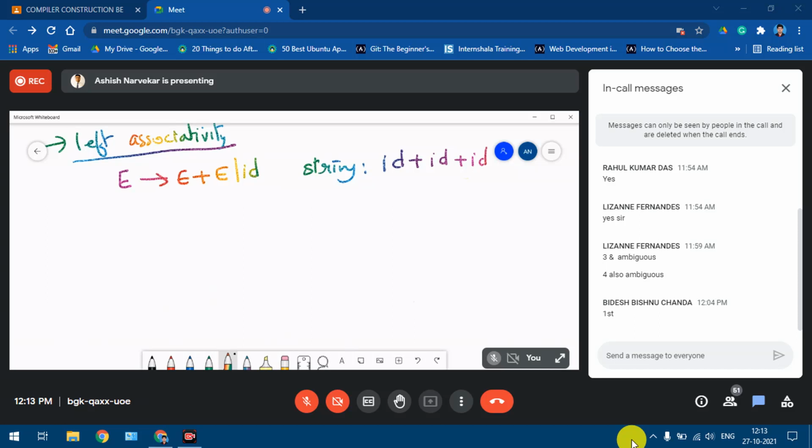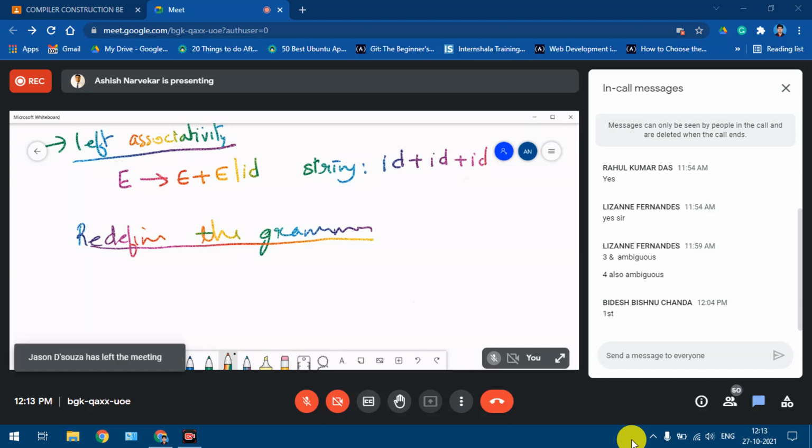So what we can do is transform or redefine the grammar. Redefining the grammar means we are substituting one of the non-terminals by something else. So we can write this grammar as E derives E plus ID or ID. I have just rewritten the same grammar.